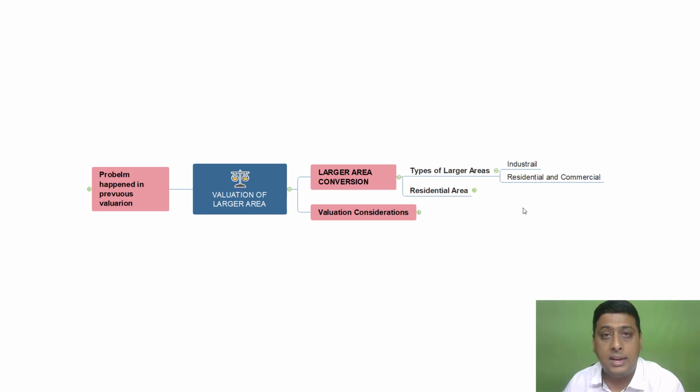These areas generally will have the basic amenities like roads, water, water storage facilities, electrical powerhouses, and all those things. But when it comes to residential and commercial, I'll tell how they're going to do it.